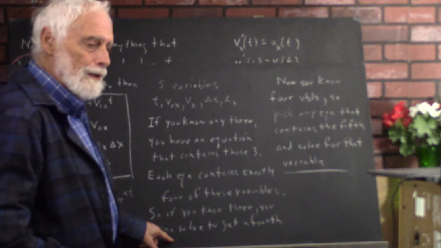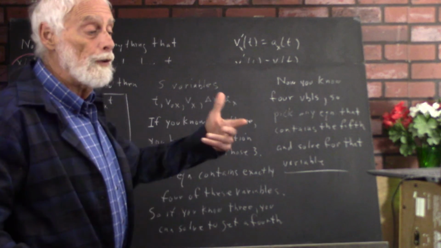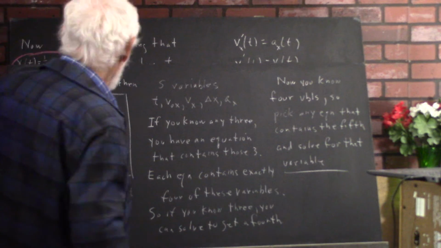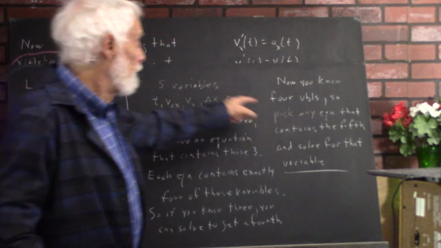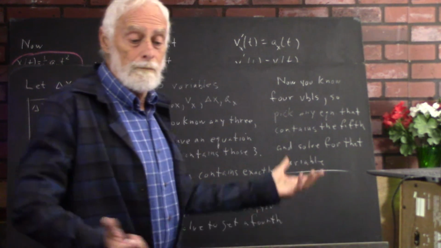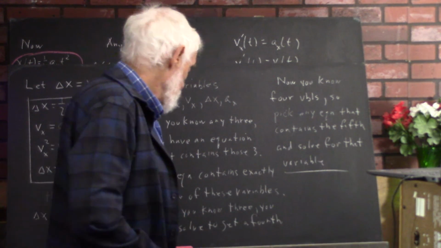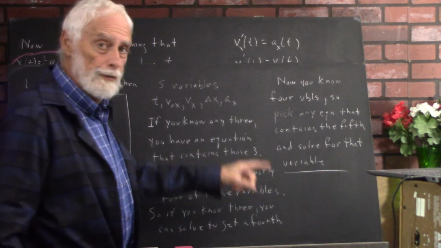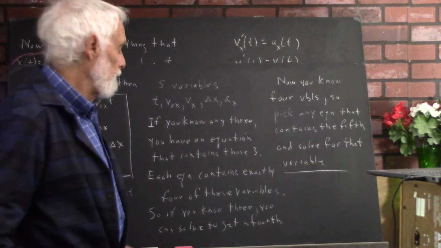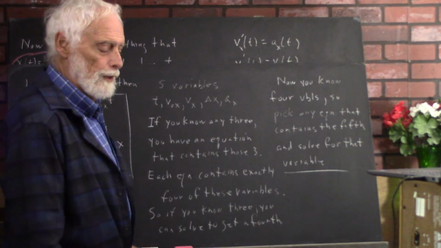Well then, you know 4 variables. Well, that leaves one that you don't know. Pick any equation that has that variable in it, you have choices, and solve for that variable. There you have it. If you can determine 3 of these quantities from the information you have, you can find the other 2.